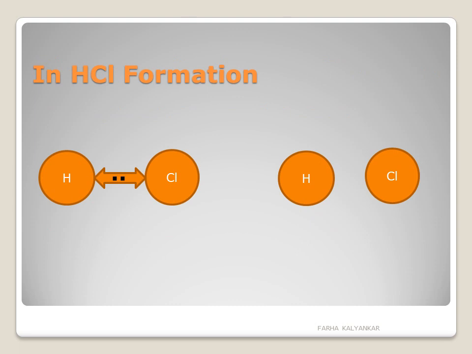Due to this, in the formation of HCl, the chlorine atom tends to attract the shared pair of electrons towards itself. While doing so, chlorine gets a slight negative charge, whereas hydrogen gets a slight positive charge.